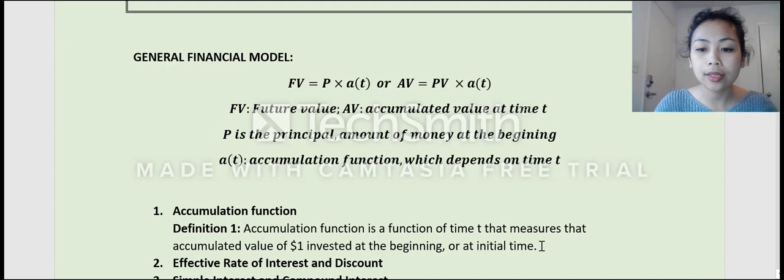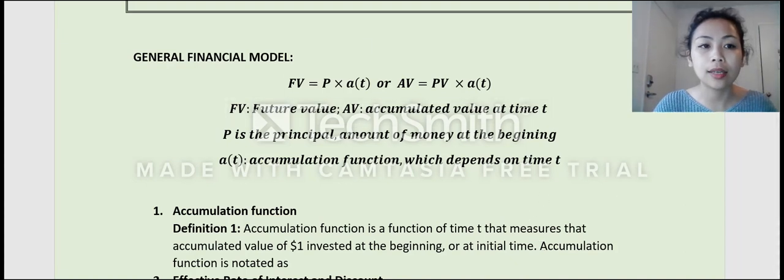The accumulation function is denoted as A(t), A of t.